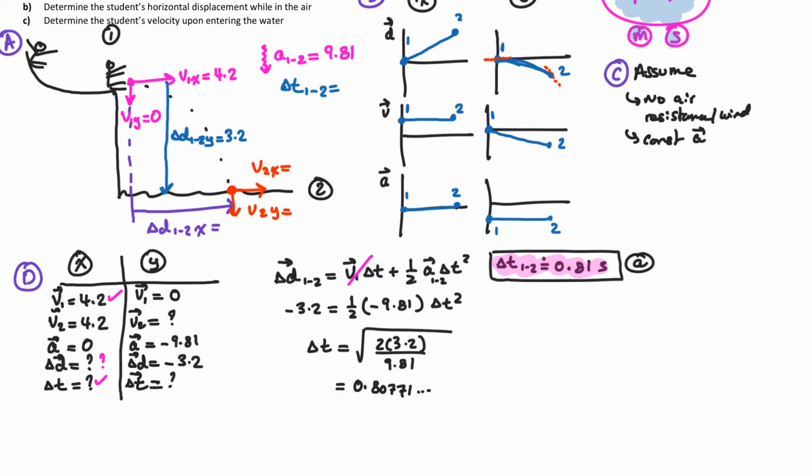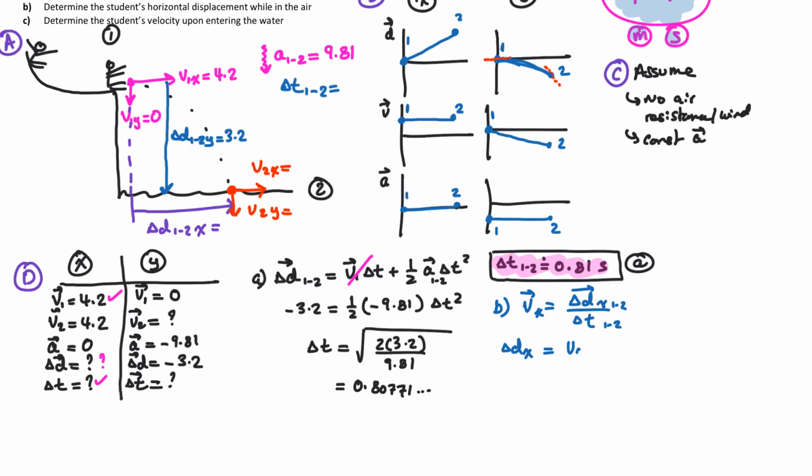So for part B, so this was part A. Part B I'll do in blue. We got the equation that V, velocity in the x direction, is equal to the displacement in the x direction divided by the time. And these are all from stages 1 to 2. And I'm going to rearrange for the displacement.